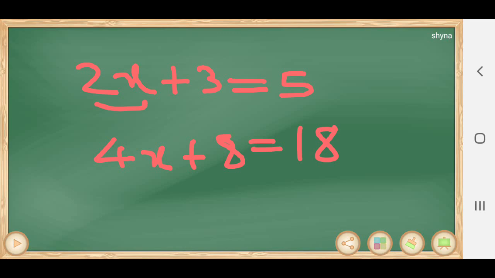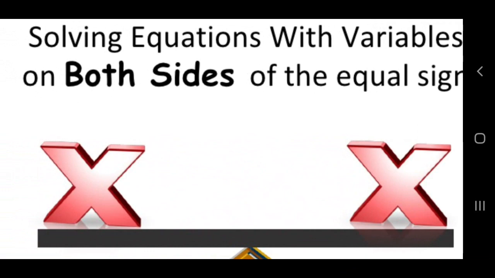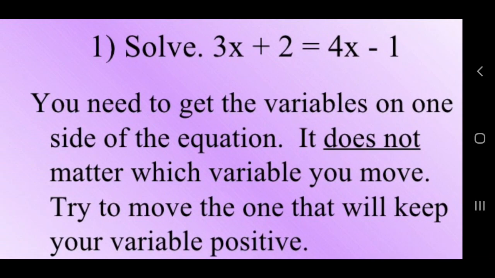But today we are going to study how to solve linear equations with variable on both sides. Both sides means both sides of the equal to symbol. Here is a question: solve 3x plus 2 equal to 4x minus 1.